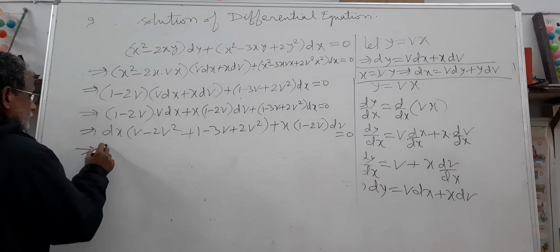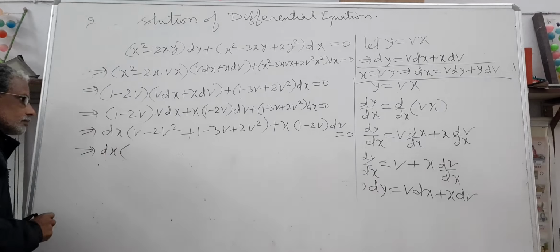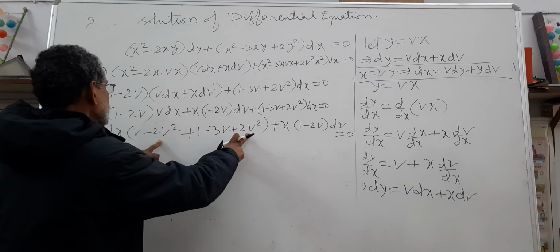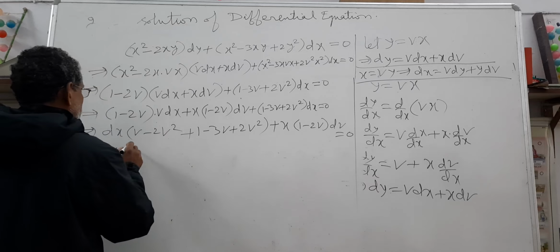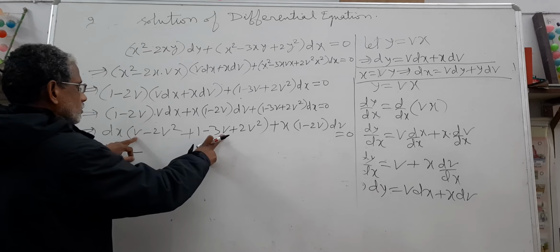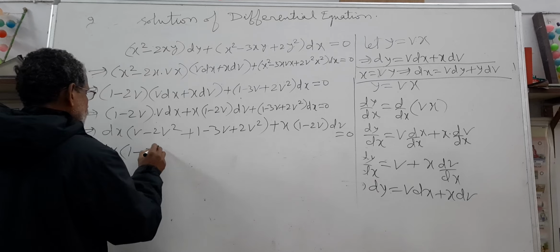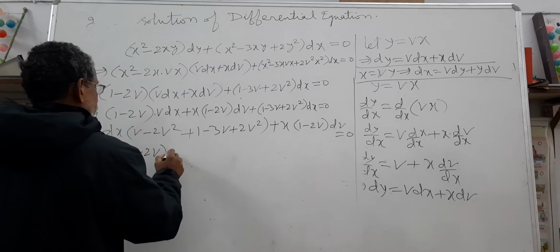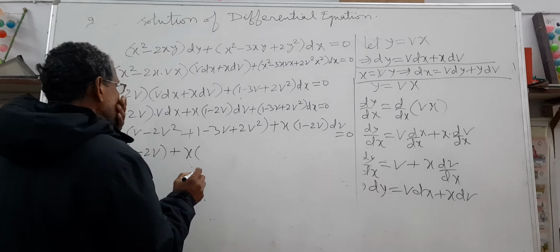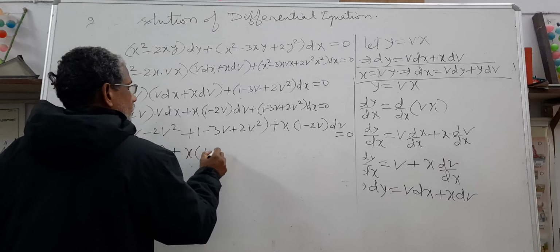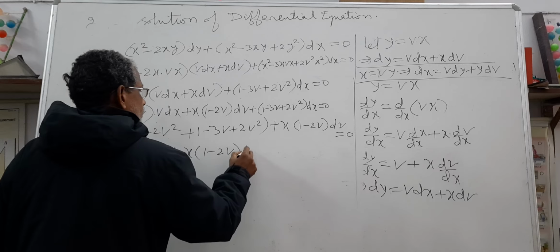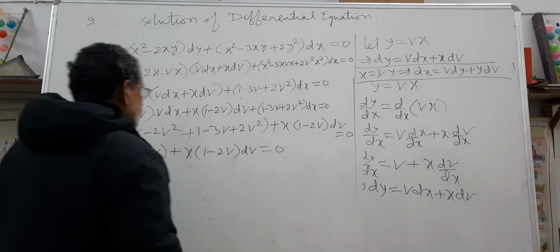This implies dx, minus 2v square plus 2v square become cancelled. It becomes 1 minus v minus 3v, 1 minus 2v, plus x into 1 minus 2v dv is equal to 0.